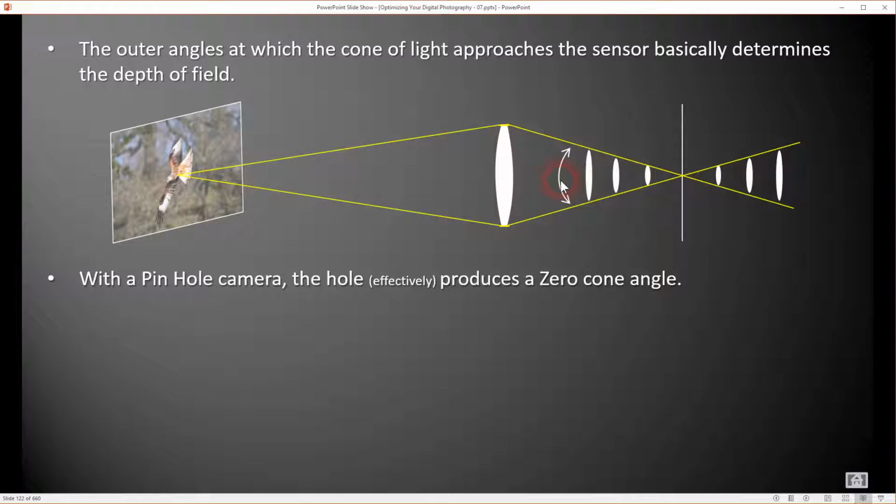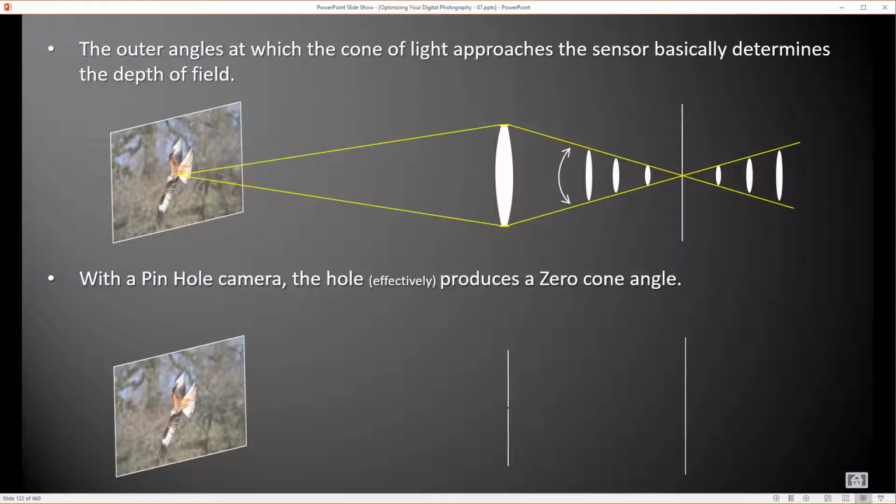So if we remember back to the pinhole camera, where we have a very, very small aperture, the equivalent of a very, very tiny lens, there's effectively infinite depth of field, because the cone or shape of light coming in here is effectively zero.